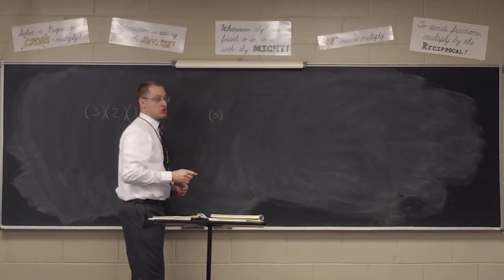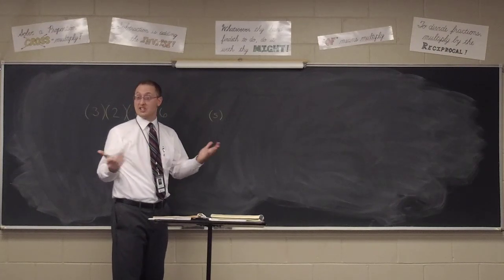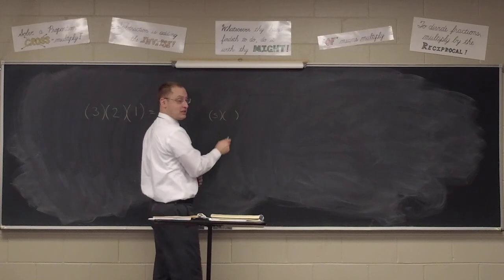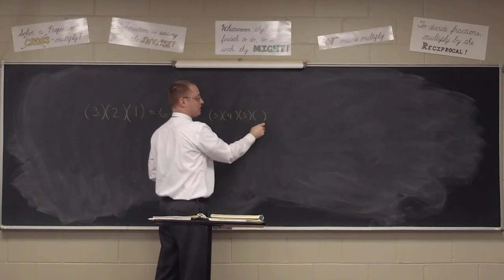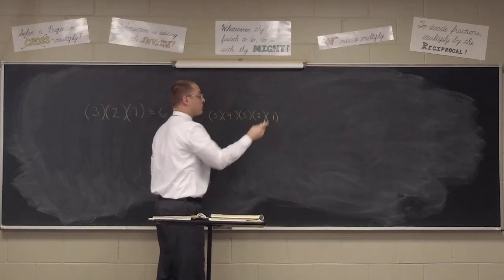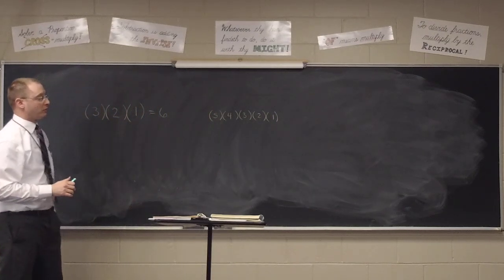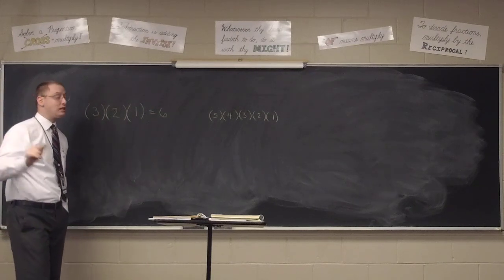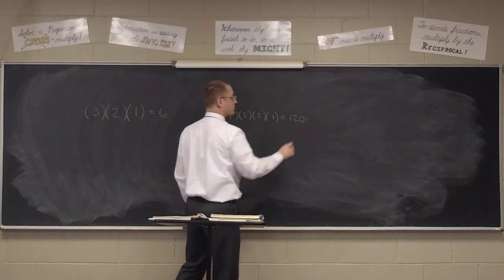The second person chosen can't be the first person I picked, right? So he or she is out. That means how many people could be the second? 4. How many could be the third? 3. How many could be the fourth? 2. And of course the last person is just whoever it winds up being. So at your seats, how many different ways could we arrange the 5 of you in here? 120. There are literally 120 different ways to arrange you.